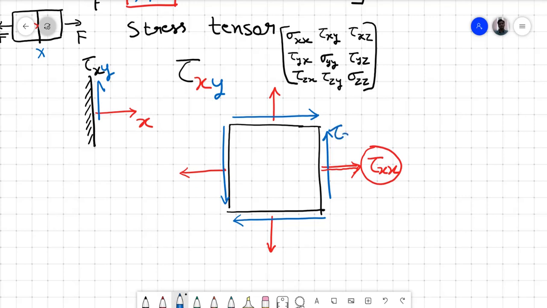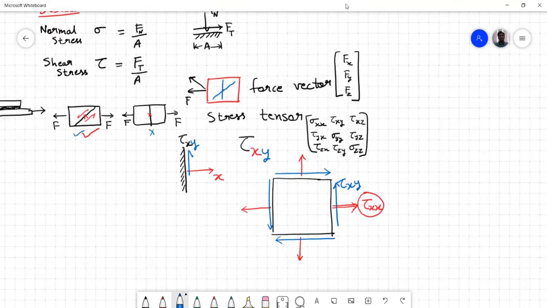This is tau xy, because the normal to the surface is in x direction, that is the first subscript, and the force is in the tangential direction, that is in the y direction. So this stress component is tau xy. Similarly, you can do this exercise for all the other components, that is left as an exercise. That's all for today.